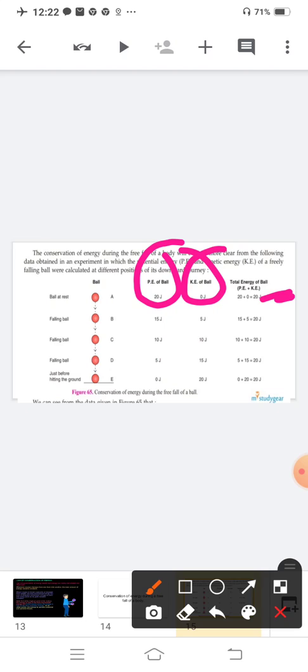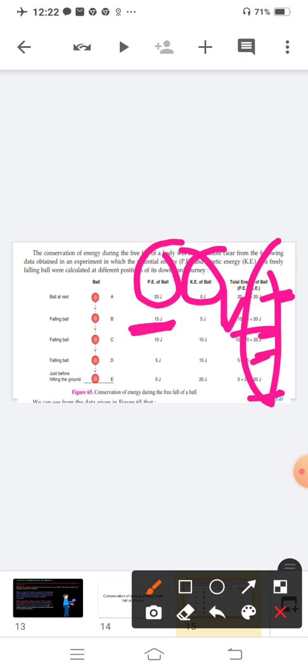Now here your potential energy will decrease and your kinetic energy will increase. Next point, see here, your potential energy decreases, kinetic energy increases, because the ball is coming down due to motion. As the ball keeps coming down, your potential energy keeps decreasing and kinetic energy keeps increasing, but the total energy will remain constant. This is clear. See, all here is 20. That means your total energy will remain constant.